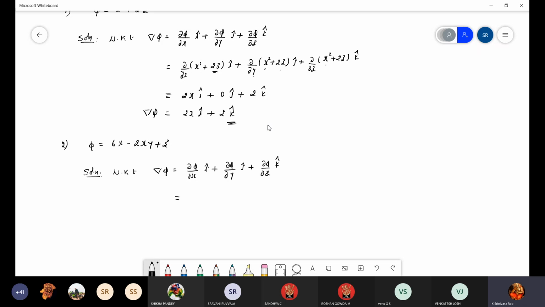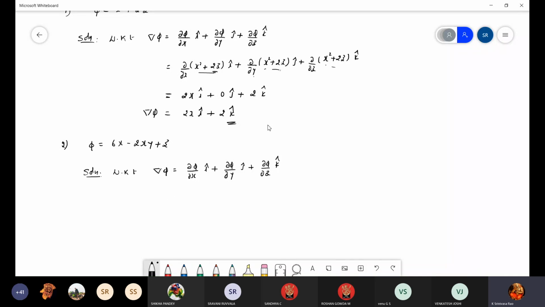Otherwise, you can differentiate directly also. If it is a lengthy equation, no need to substitute like the previous problem, because in the exam you should write given phi is equal to, write the phi and write the answer. I will solve in that way also.